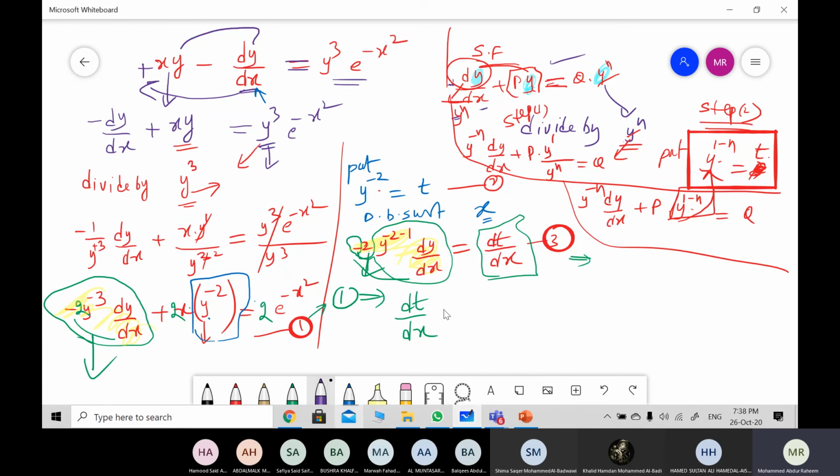Plus 2x, same, this same. Here we did something actually. How much is that here? It is t, actually t. Equals 2 e power minus x square. Same. This one same. Now this is what?